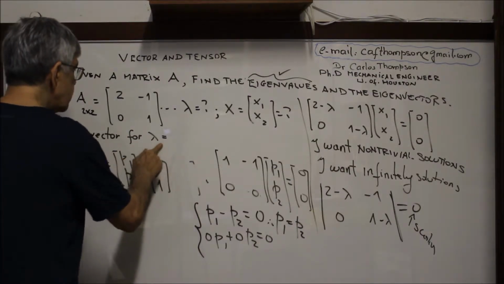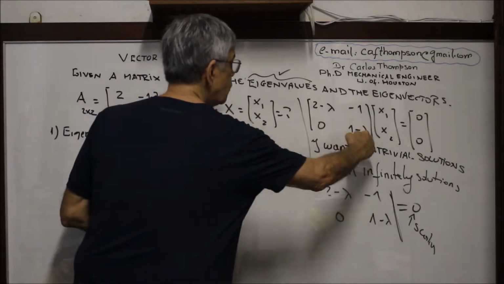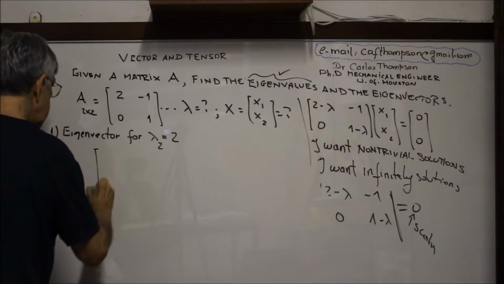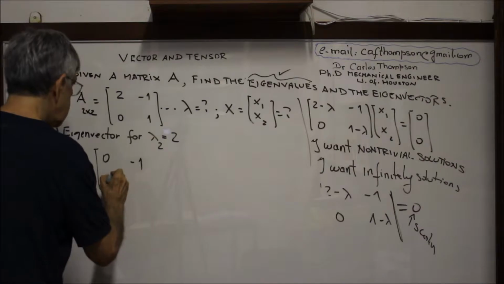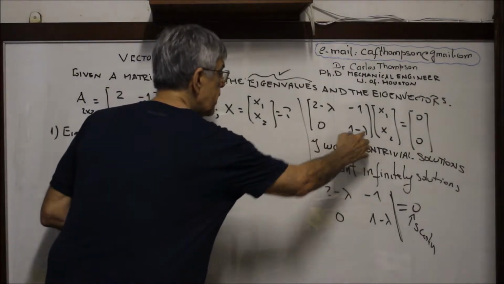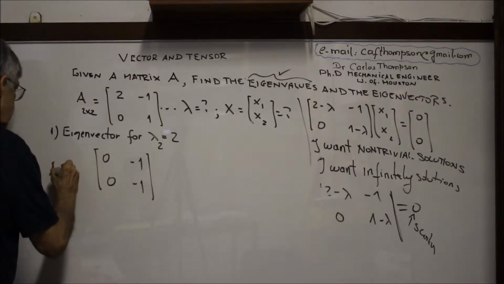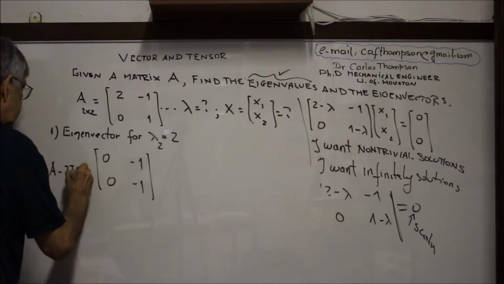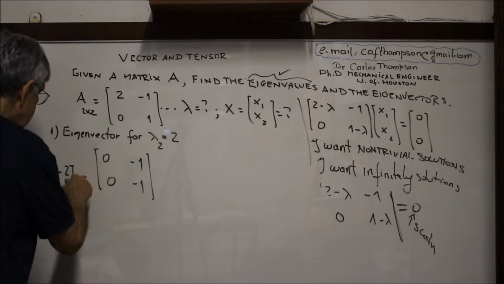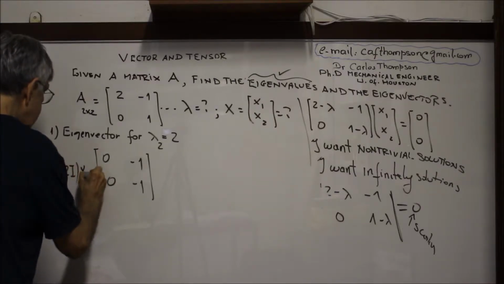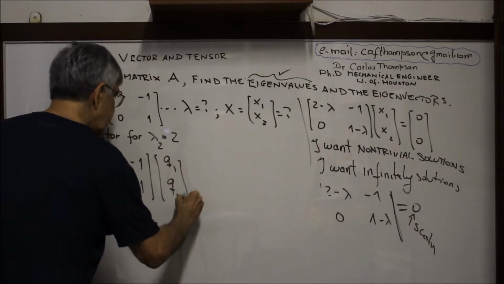So for the eigenvector of lambda 2, lambda is equal to 2 here, so this will be 2 minus 2, 0, minus 1, 0. Now 1 minus 2 is minus 1. This is A minus 2I. Now I want to solve this times x equal to 0. Let's call them q1 and q2.